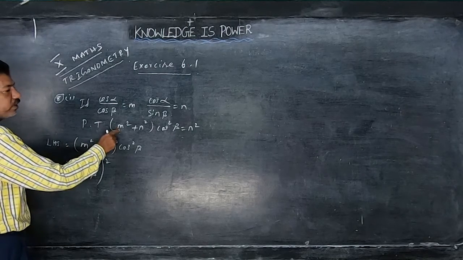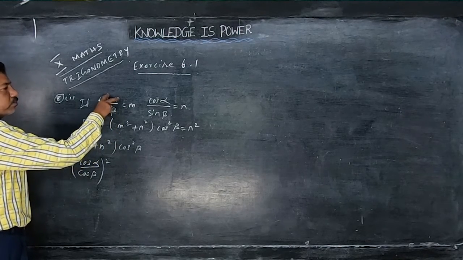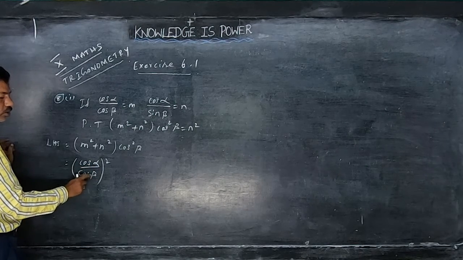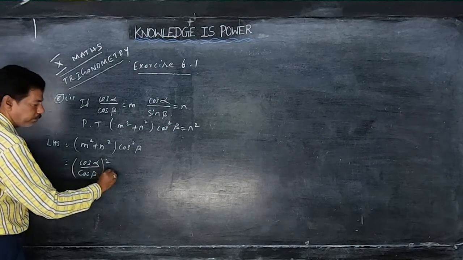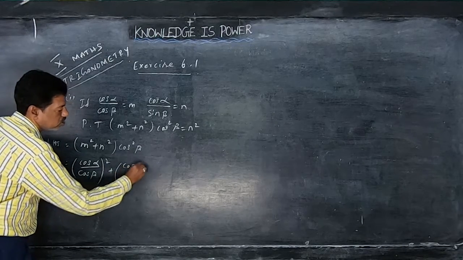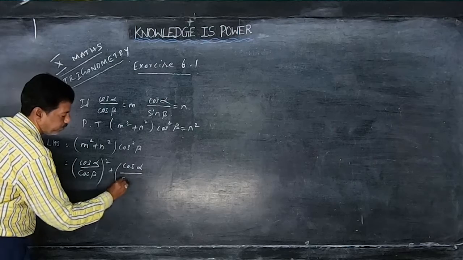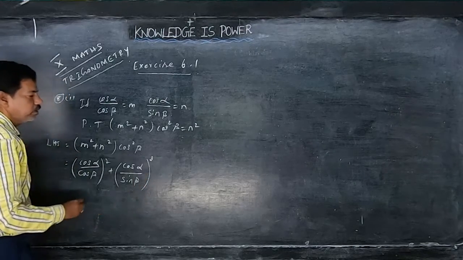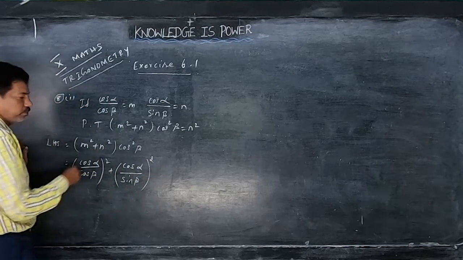Here m is given. In place of m, I have written cos alpha by cos beta whole square, plus, what is the value of n? Cos alpha divided by sin beta. These two are given based on the concept.